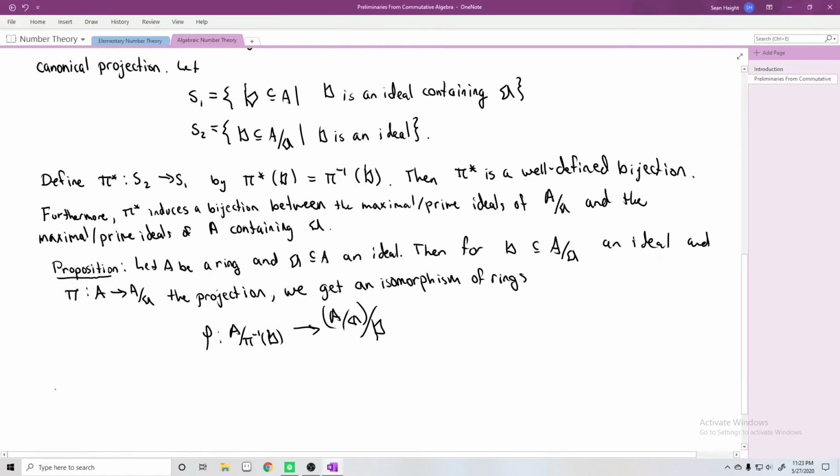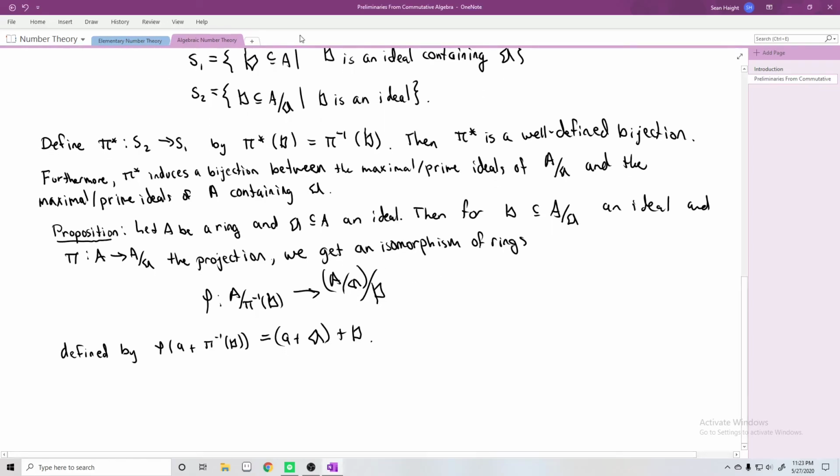Okay, and the map, I'll even tell you what the map is. It's kind of like the only thing you could think to write down. Defined by phi of a plus pi inverse of B equals a plus 𝔞, all plus B. Okay. So this map is a bijection. It's a ring homomorphism. It's well defined. Things like this. Again, another meat and potatoes result from commutative algebra.